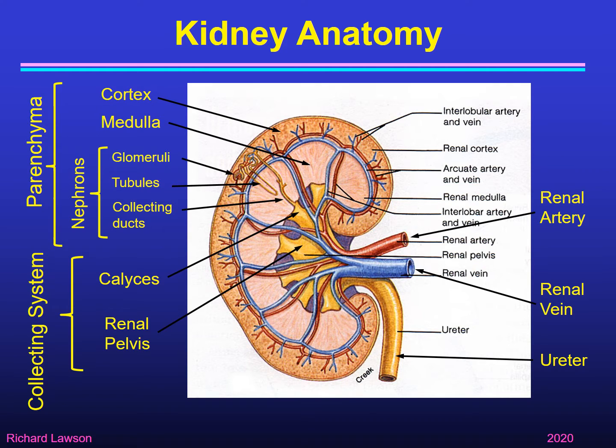Meanwhile, the filtrate, which is going to form the urine, passes down through the renal tubules, down into the medulla, back out again to the cortex, and then collects through these collecting ducts, and the collecting ducts from many different nephrons gather together to form eventually the calyces, where the urine from all the nephrons is gathering together through the calyces and the renal pelvis before the urine eventually leaves down the ureter.